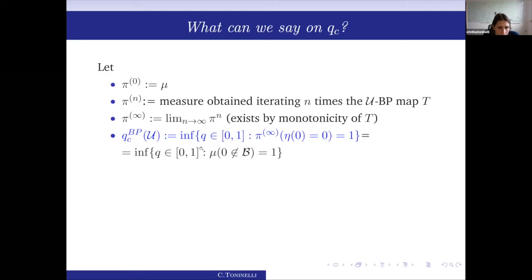And also, this critical density corresponds to the value at which backbones start to arise. So when Q is larger than this critical density, there are no backbones in the configuration. So with probability 1, the origin does not belong to the backbone. When Q is smaller than this critical density, the origin belongs to this backbone with probability larger than 0.